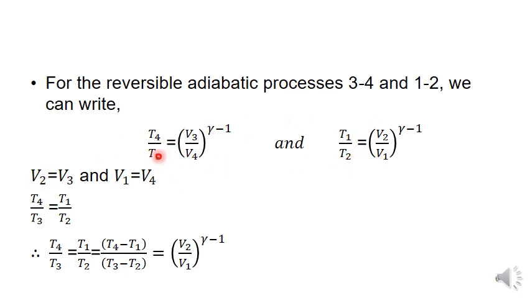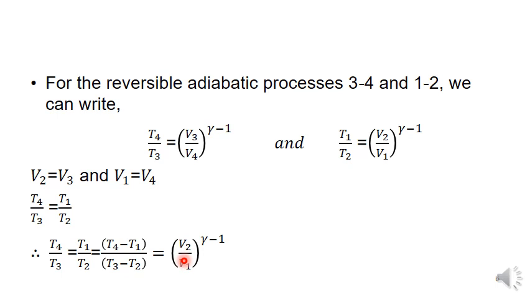So if you substitute V2 equal to V3 and V1 equal to V4 in the reversible adiabatic process equations of 3 to 4 and 1 to 2, we can write T4 by T3 is equal to (V2 by V1) whole power gamma minus 1, and T1 by T2 is equal to (V2 by V1) whole power gamma minus 1. Therefore, T4 by T3 is equal to T1 by T2 is equal to (V2 by V1) whole power gamma minus 1, which is nothing but (T4 minus T1) by (T3 minus T2). We can write it as (V2 by V1) whole power gamma minus 1.